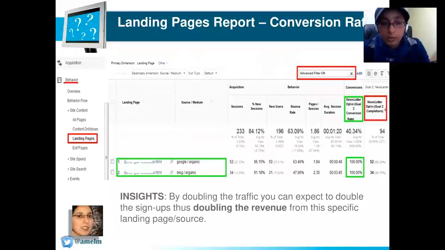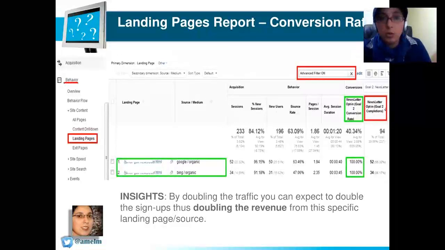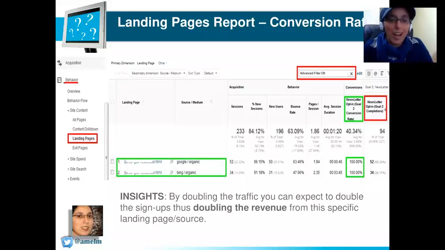For the first landing page, they had 52 sessions and they had 100% conversion on that page. This example is for newsletter signups. So imagine 52 people came, 52 people signed up, which is fantastic. That's what we want. We want 100% conversion, ideally, but it depends on what you find on your own report. Now here is the insight.